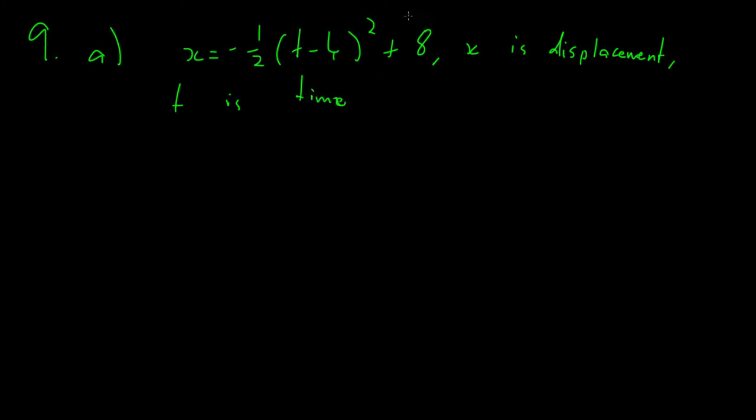Alright, t is time. So, a. They're asking what's the average velocity. So pretty much what we have to do over the first 6 seconds is first find out what it is at the start.